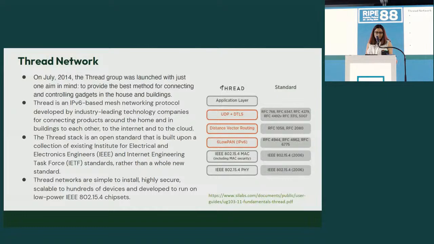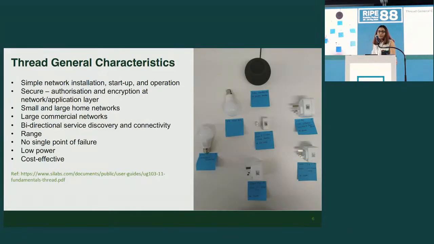Going forward, in the market there are already a number of commercial devices from different companies, for example, Nest or Google. These are a number of devices which are in our labs, which are Thread compliant.